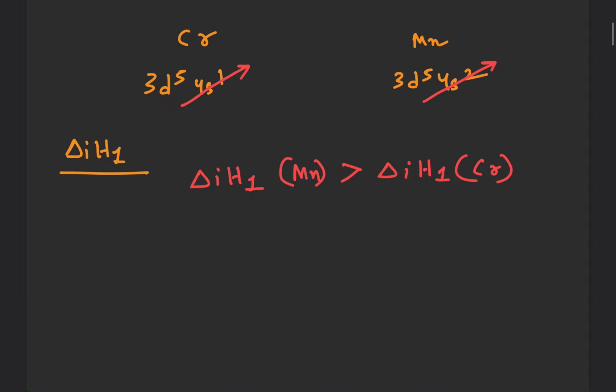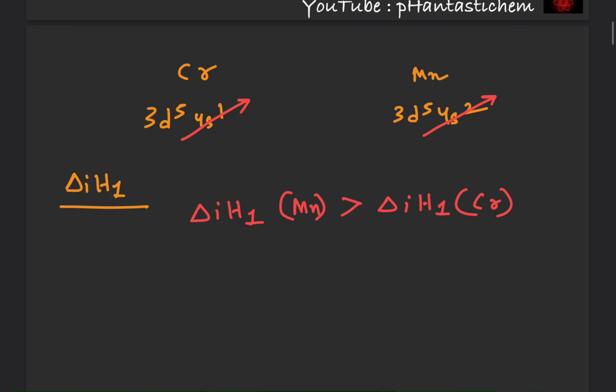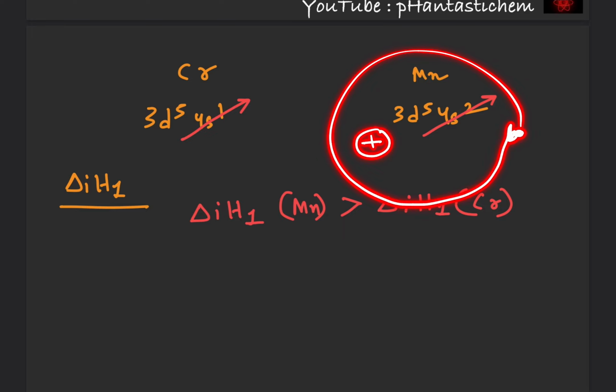Okay, because in manganese we have to remove electron from a completely filled 4s orbital, which requires more energy. Okay, that's the first reason. And the second reason is Mn also has more protons because the atomic number of Mn is 25 and the atomic number of chromium is 24. So therefore the nucleus of Mn pulls the outermost electron more tightly.